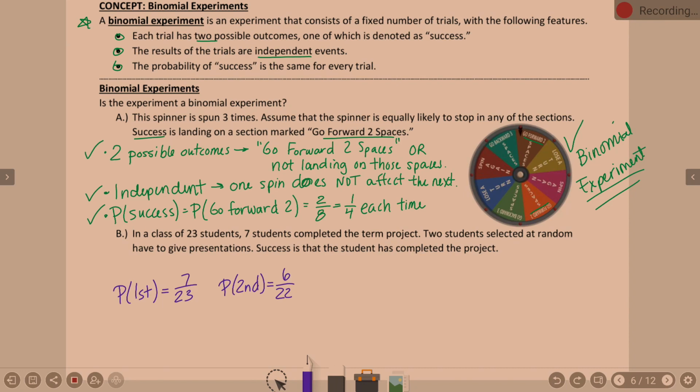Your calculator will tell you. And so right there, because these are not equal, that's supposed to be a not equal sign, this is not a binomial experiment. These are, we could say, not independent and not equal probabilities.